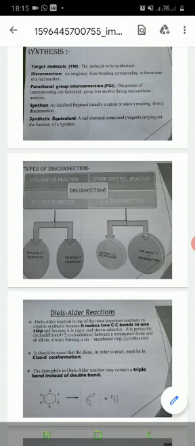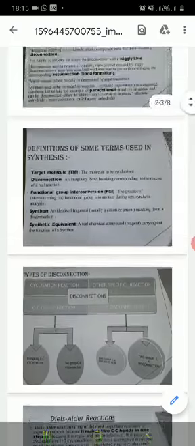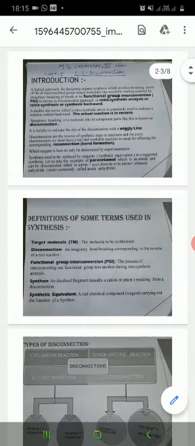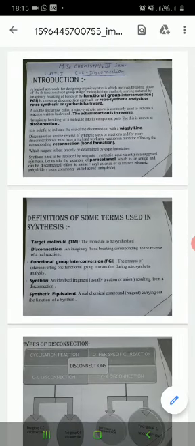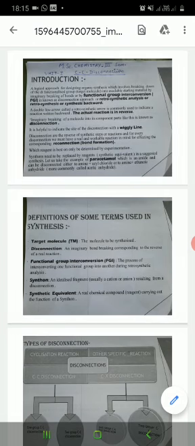To study disconnection we need some terms, which we can discuss first. These terms are TM, the target molecule: the molecule to be synthesized. Disconnection: an imaginary bond breaking corresponding to the reverse of a real reaction.